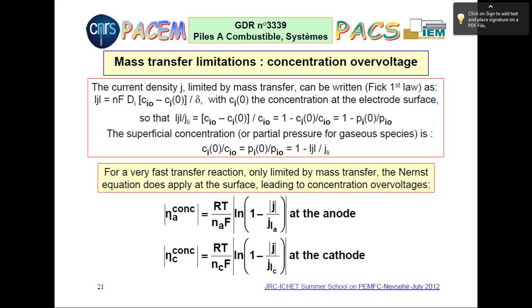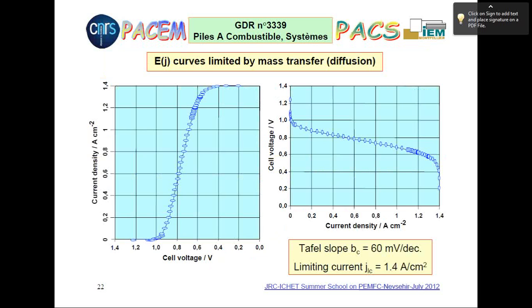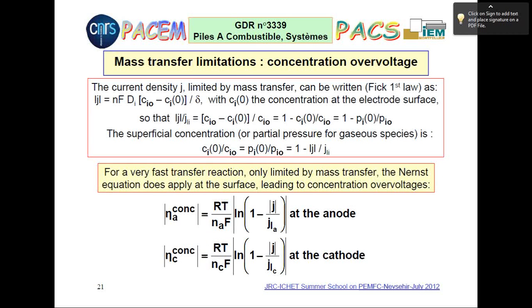How does temperature play a role here? I guess temperature increases diffusion, right? So yes, yes. With temperature, you have two terms. You have the temperature in RT, and you have the temperature in the diffusion coefficient. So the diffusion increases with temperature, but the efficiency goes down with increasing temperature.